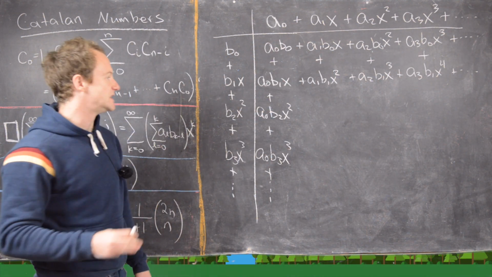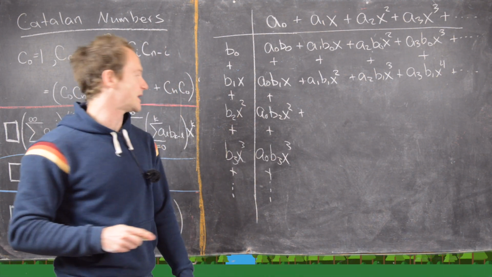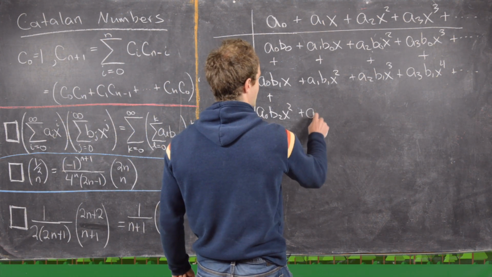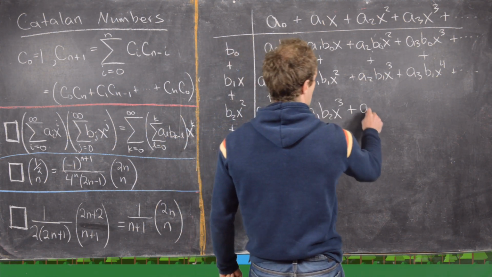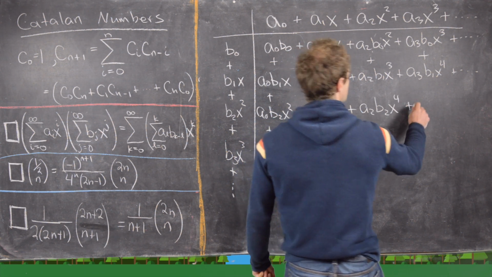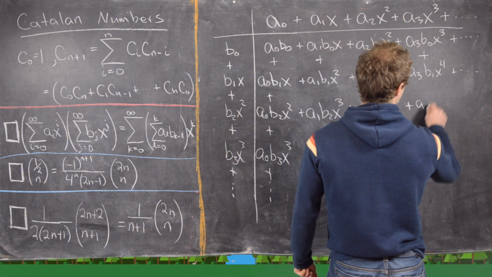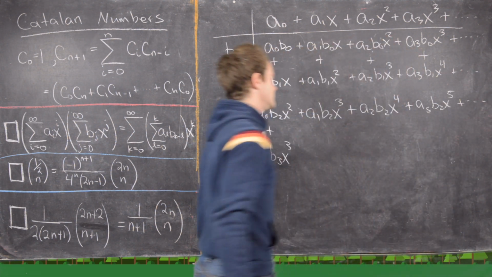Now I can continue on. I've got two more rows to do in order to get a nice picture here. Here I'll have a1 b2 x cubed, a2 b2 x to the fourth, a3 b2 x to the fifth, and so on and so forth.